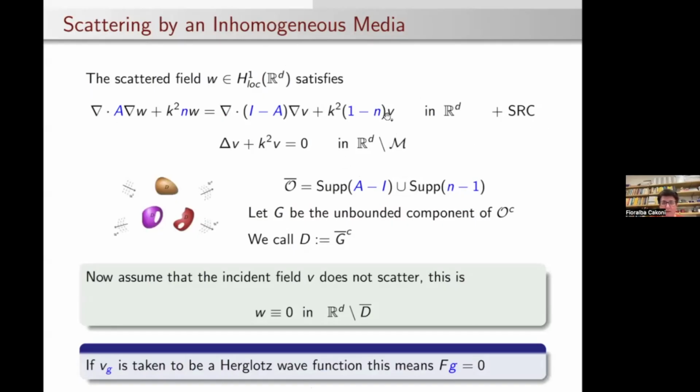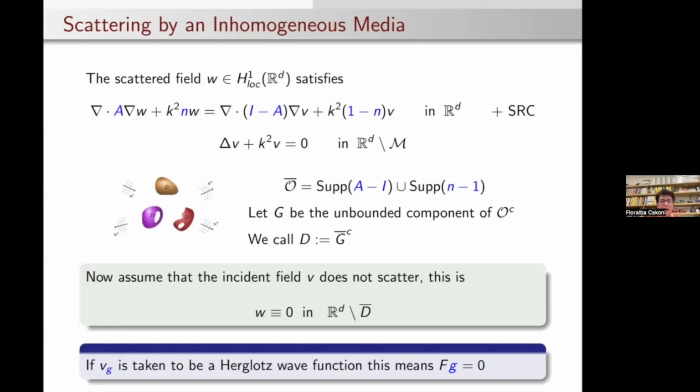On the right-hand side, we have the support of the inhomogeneity, and we also have the incident field. Generally, the incident field satisfies the Helmholtz equation in the entire space, except for some points or surfaces. For Herglotz functions, the incident field satisfies the Helmholtz equation everywhere. It's an entire solution to the Helmholtz equation.